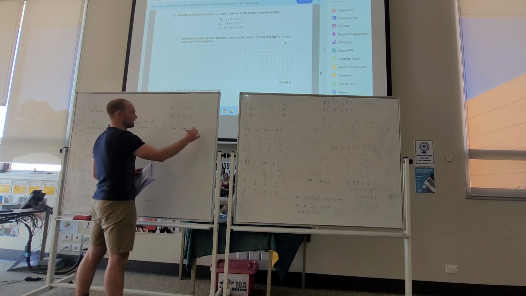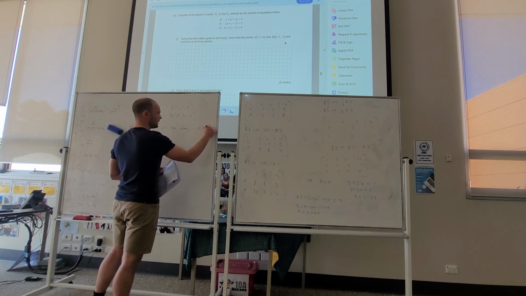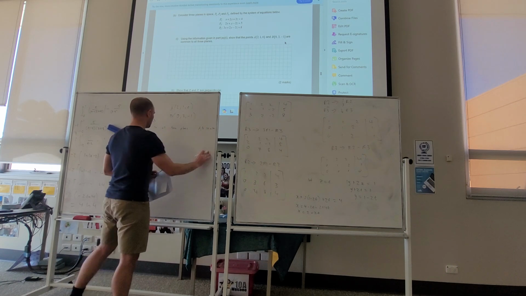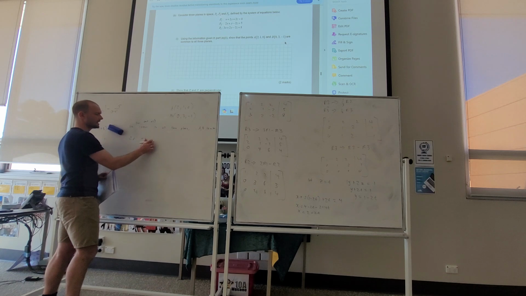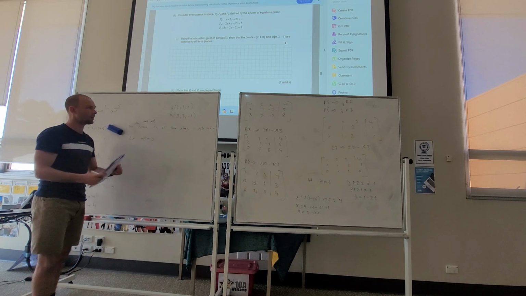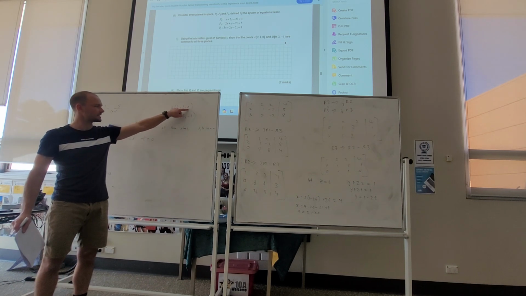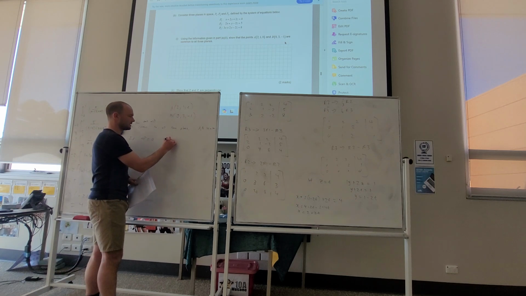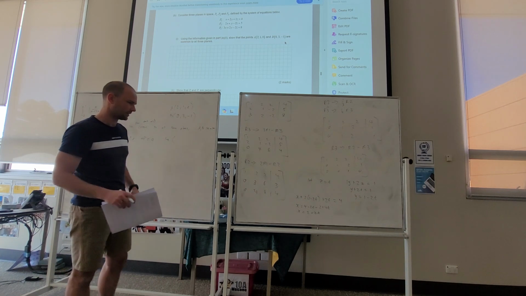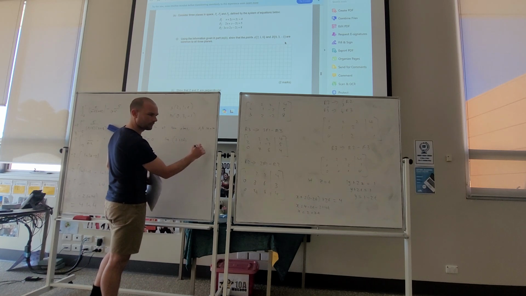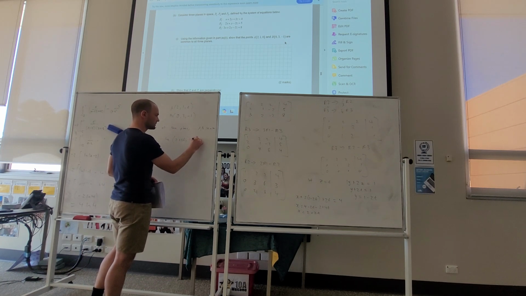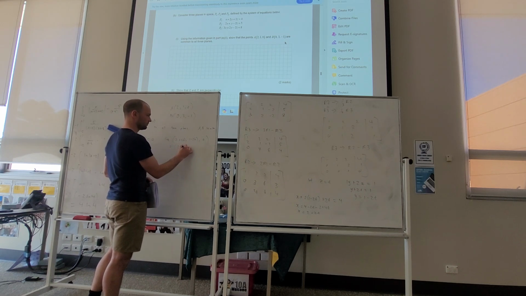Therefore, A and B lie on line. And then we'll go, all right, if the parameter t is 0, the line is going to be, and we can sub it in, 2 plus 2 times 0 for x, 1 take 2 times 0 for y, and 0 for z, which is 2, 1, 0, point A.